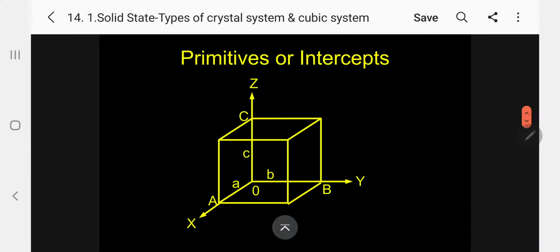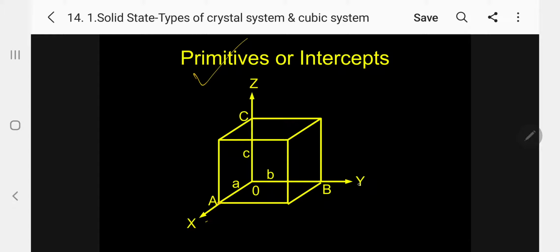Then third most important is intercepts or primitives. So here I am avoiding the interfacial angle because it would be overcrowded and will confuse you. Understand the concept. I am showing the axes and the intercepts only here. Just see here OX, OY, OZ are the axes. Kindly follow. OX is cut at A on the crystallographic axis OX.